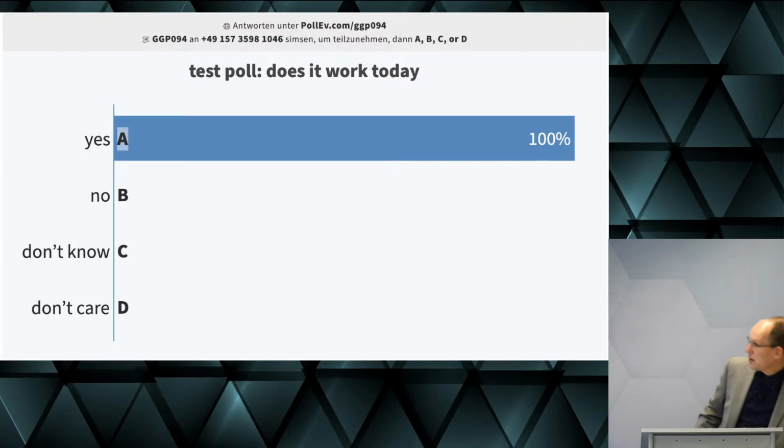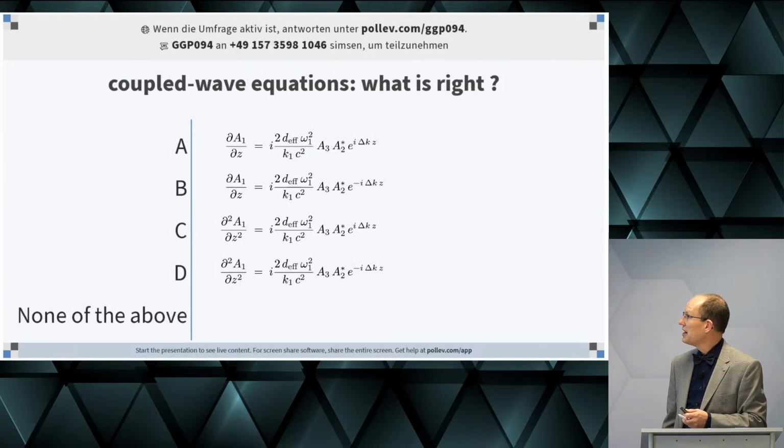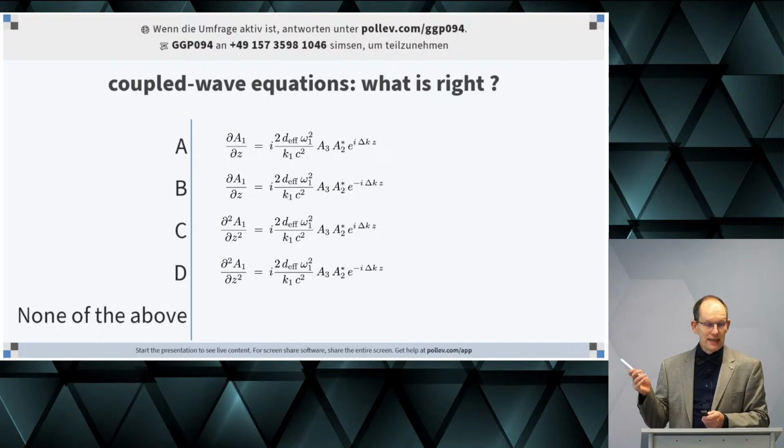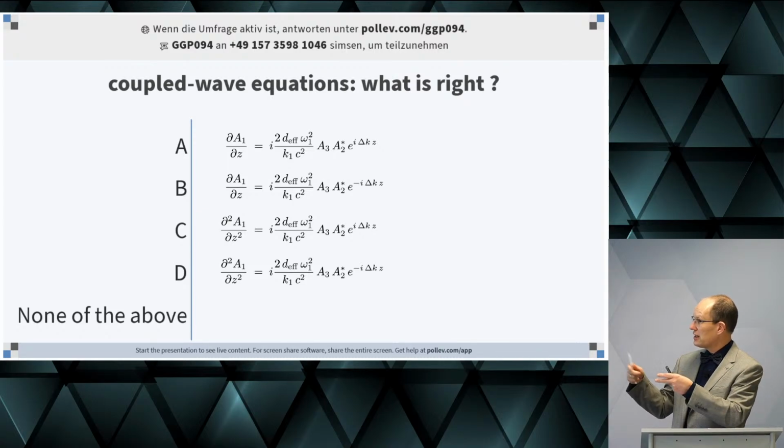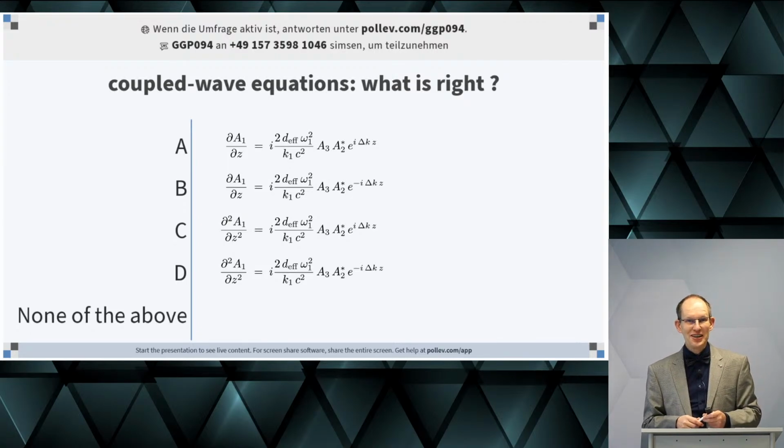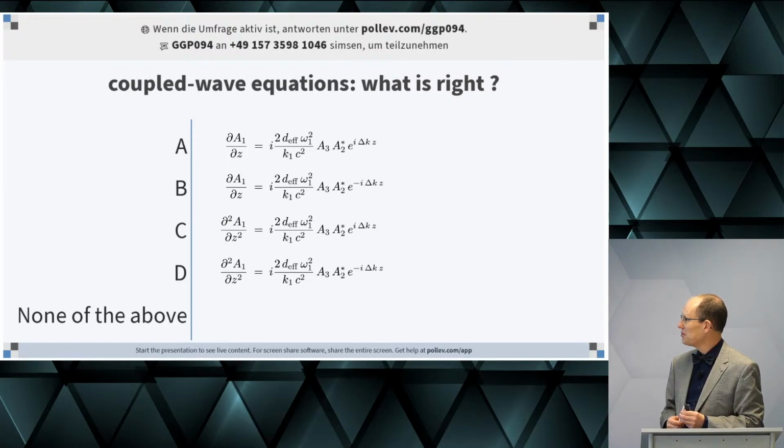Okay, now the real question, namely the coupled wave equations. What is right? Please look at these. It's not active yet because I had to copy and paste this page, since Poll Everywhere doesn't like these equations, not even the right one. I promise that one of them is right.